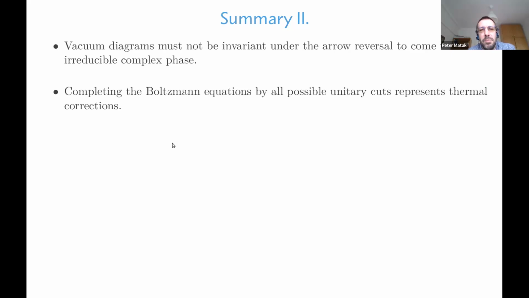And by completing the Boltzmann equation by all possible unitary cuts, you will get either approximation or full thermal corrections to your Boltzmann equation. And often it will also cure infrared divergences if you have any in the calculation. So thank you for your attention, and I look forward to hearing the questions.